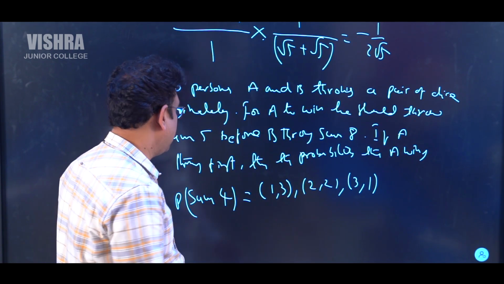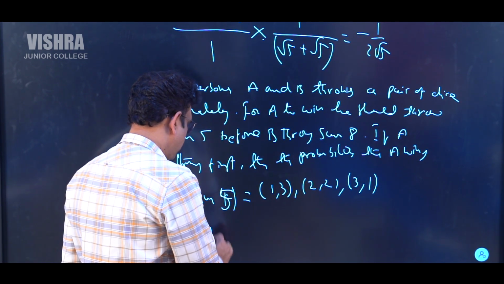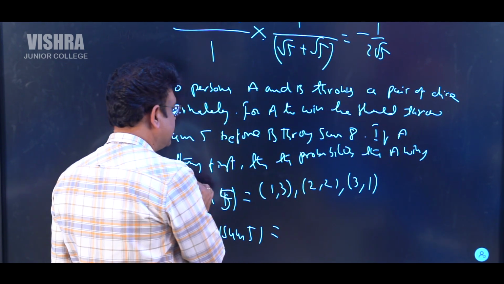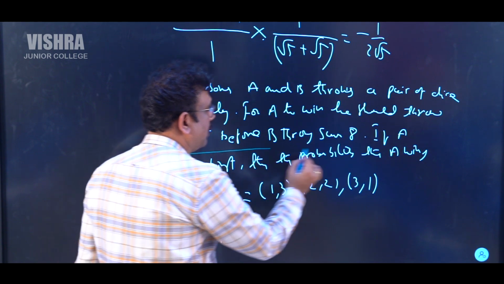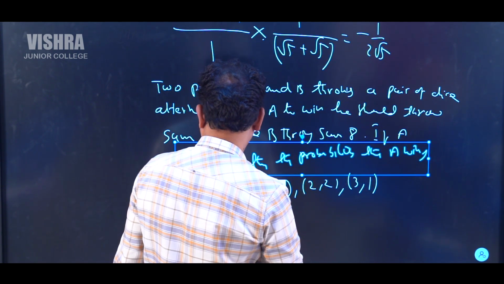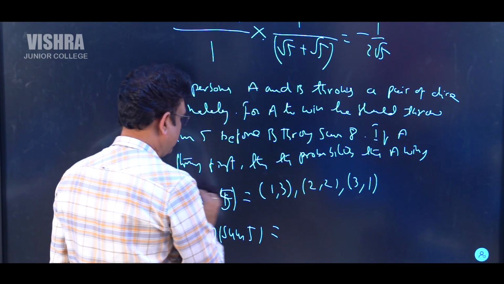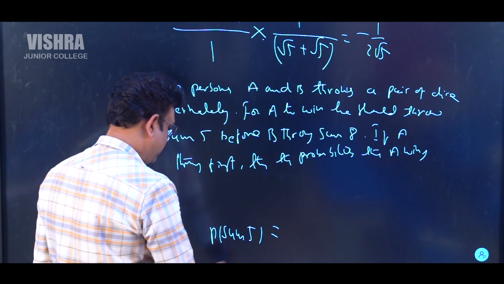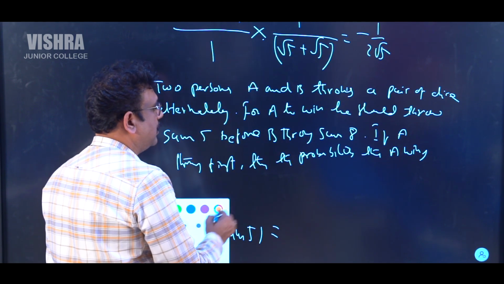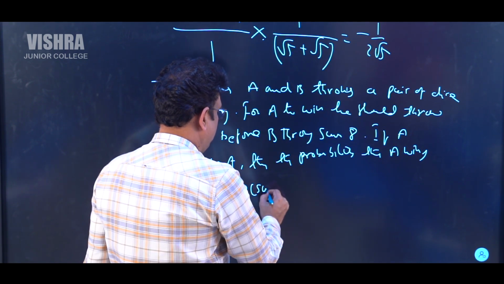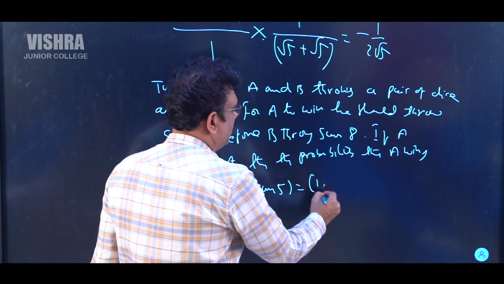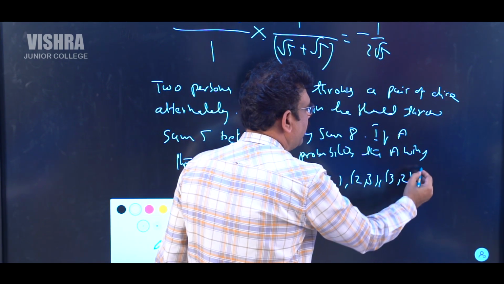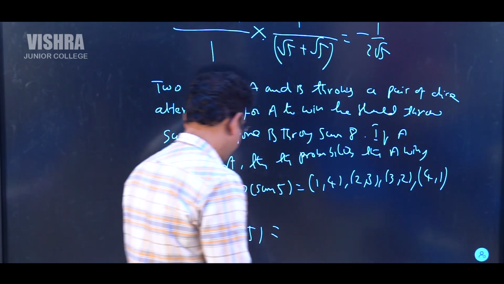Probability of getting 5. Probability of sum 5 is equal to 1 4, 2 3, 3 2, 4 1.